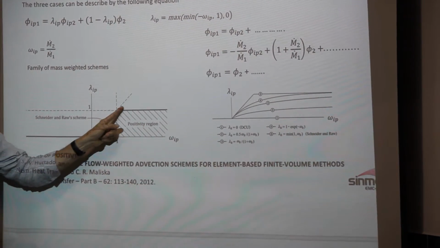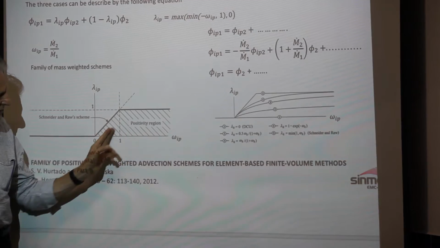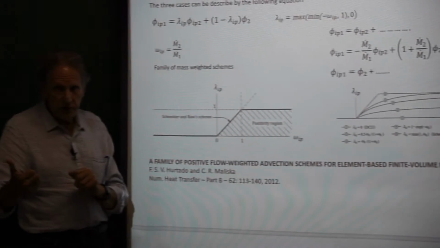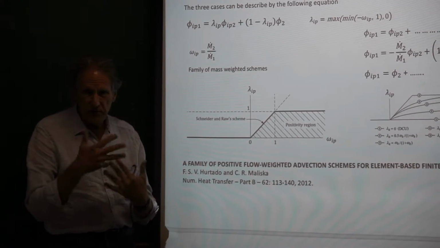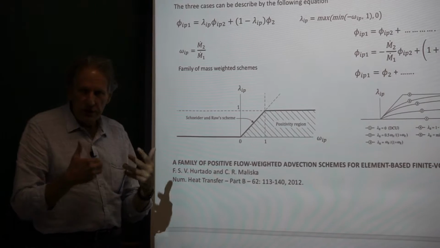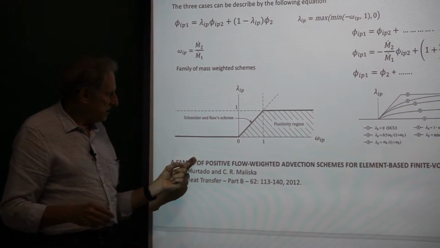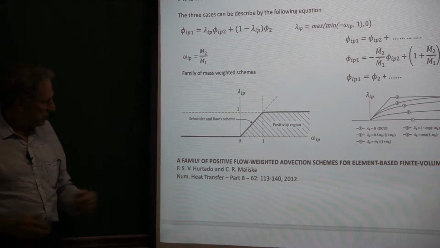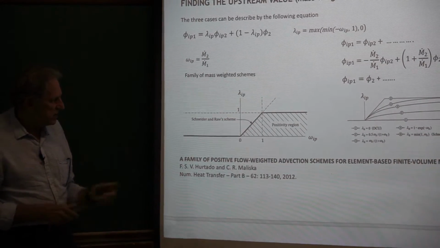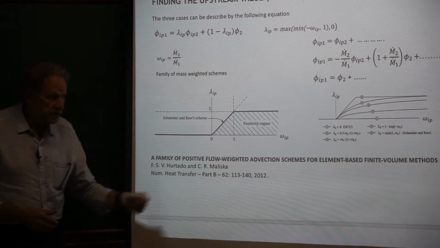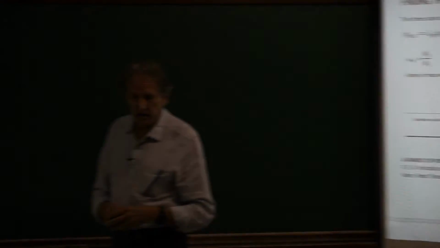The Raw and Schneider is here. There are some others inside here which give you positive coefficients, but they are different in terms of having a little bit better accuracy in some problems. And this is all discussed in this paper, A Family of Positive Flow-Weighted Advection Schemes for Element-Based Finite Volume Methods, in Numerical Heat Transfer.